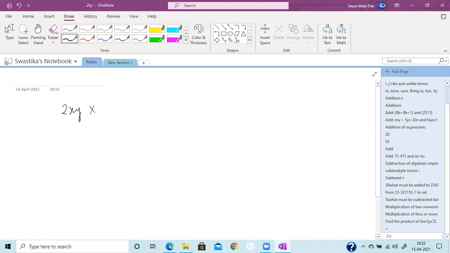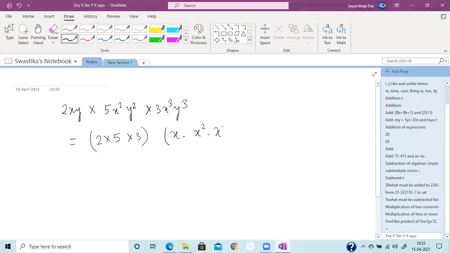So next example, suppose you have to find the product of 2xy into 5x square y square into 3x cube y cube. How do you do it? You can do it like this also. This is one of the methods. 2 into 5 into 3. Then take the x into x square into x cube.